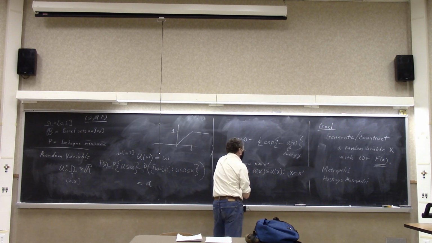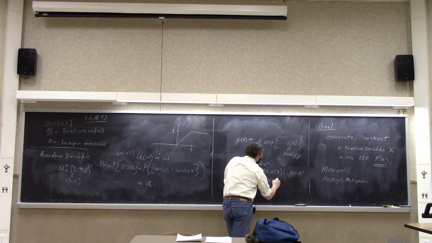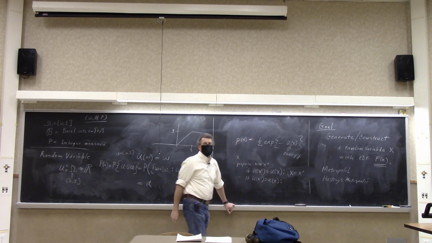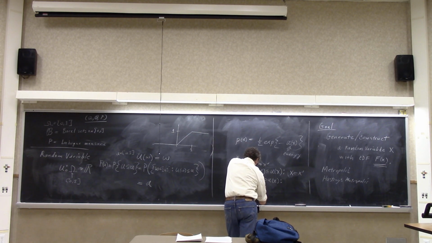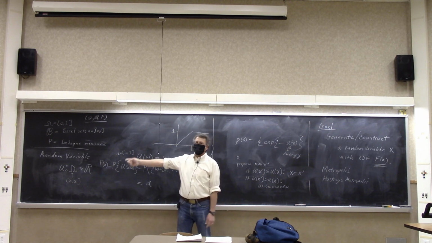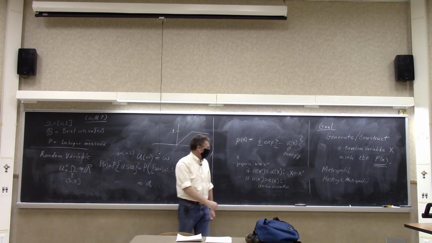If u of x prime is greater than u of x, then what do you do, okay? If u of x prime is greater than u of x, you generate a uniform random variable, okay? That's what I spent the first 50 minutes of the class talking about. We know how to generate a uniform random variable in the interval 0, 1 now, right?